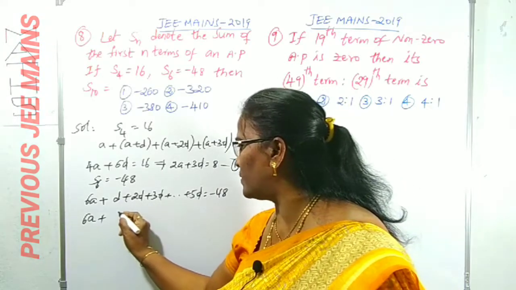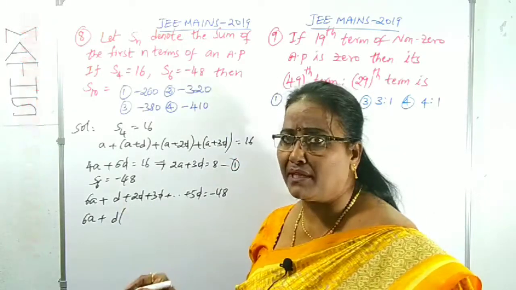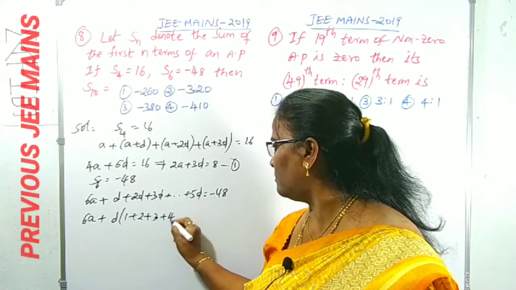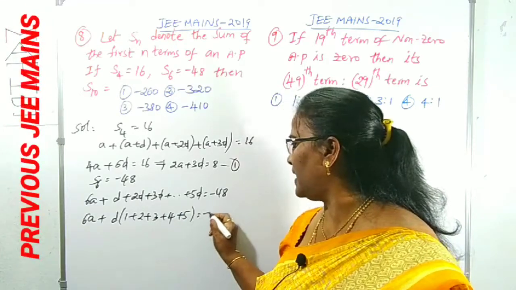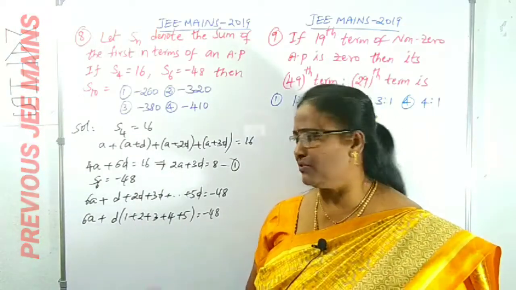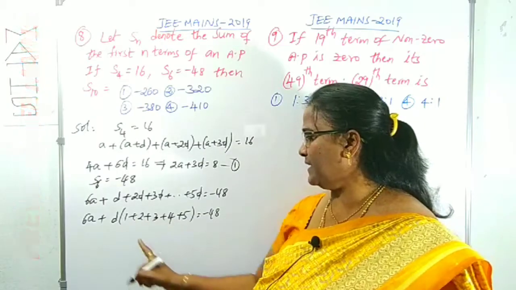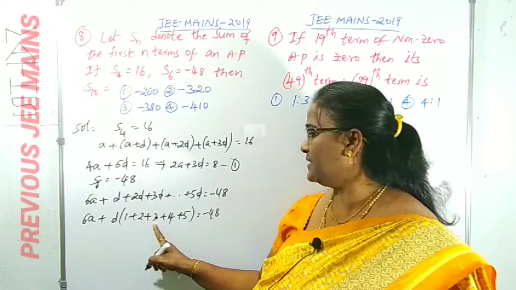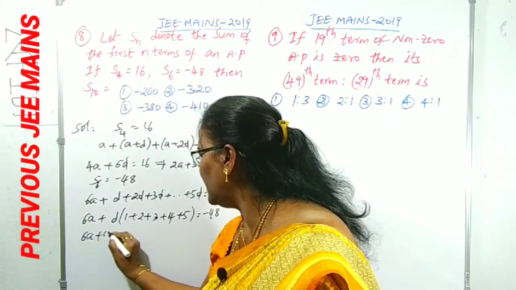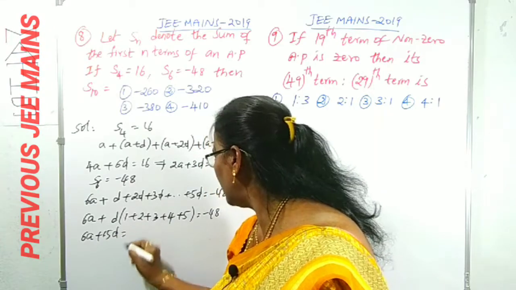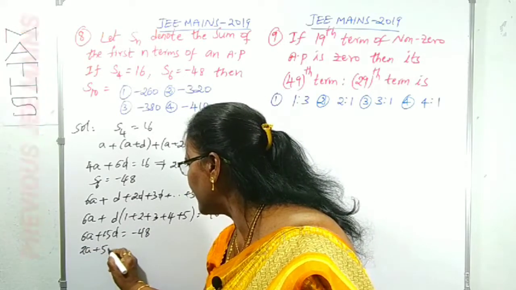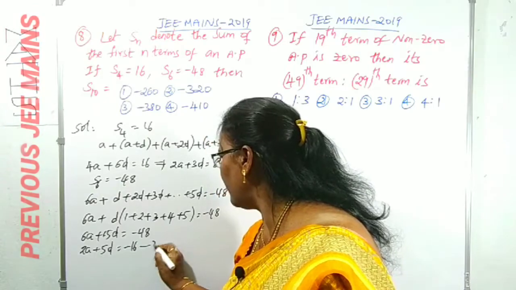Taking D common, 1 plus 2 plus 3 plus 4 plus 5. If there are more terms, we can use the sum of the first n natural numbers formula. Here there are only 5 terms, so no need for that formula. We can add directly: 1 plus 2 is 3, 3 plus 3 is 6, 10, 15. Therefore 6A plus 15D is minus 48. 3 will cancel: 2A plus 5D is minus 16. That is equation 2.